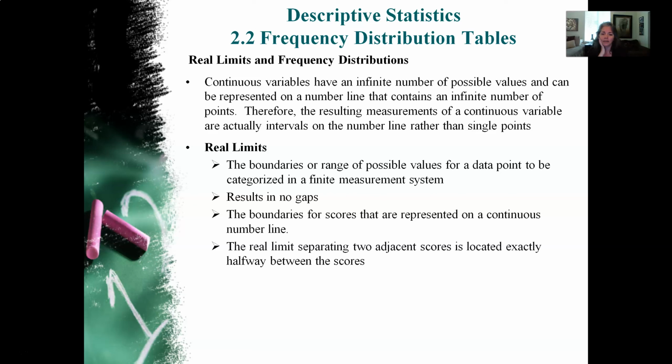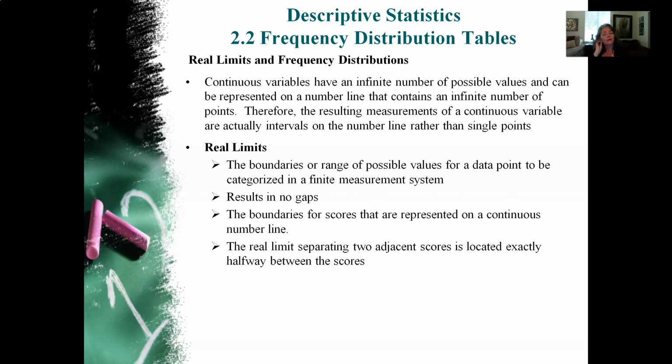And so consequently, when you have a continuous variable, you want to create limits, because we want to say, okay, what falls into that category? What is the range of scores? So if I'm going to say you have $10, but you really have $9.98, $9.75, what's that marker before I say you have $9 or $10? $9.50 or $10.